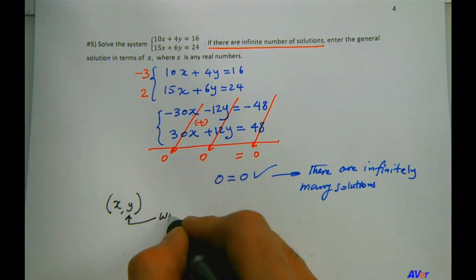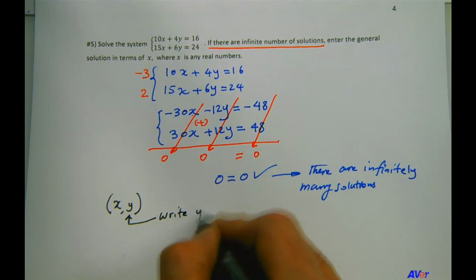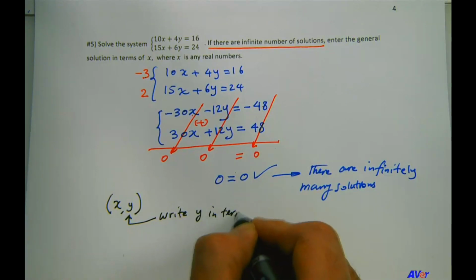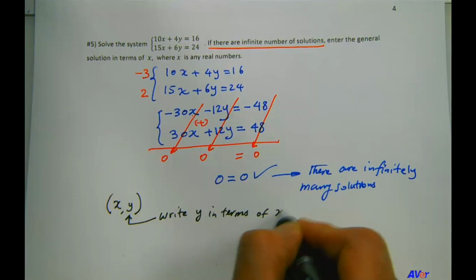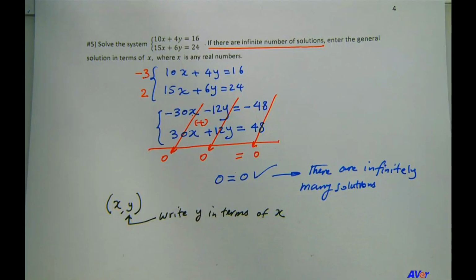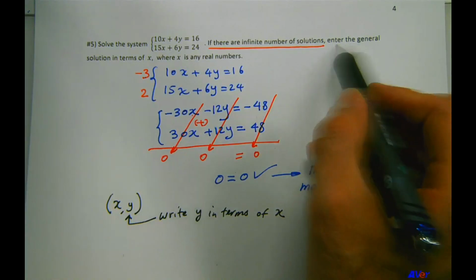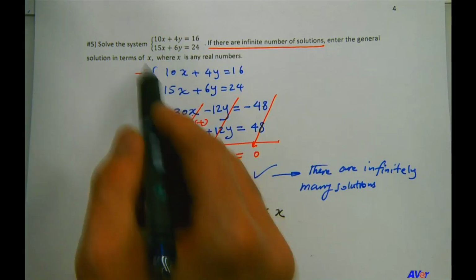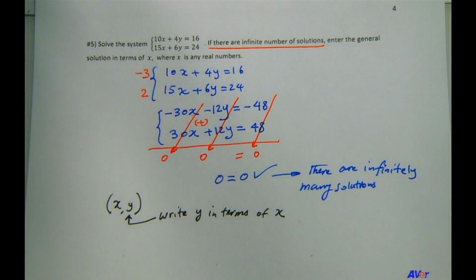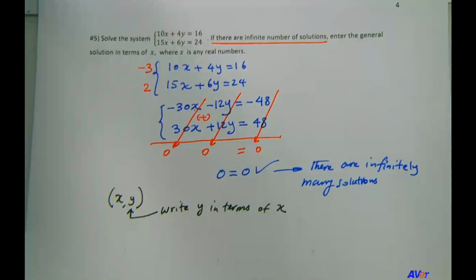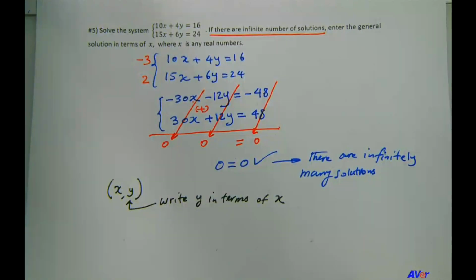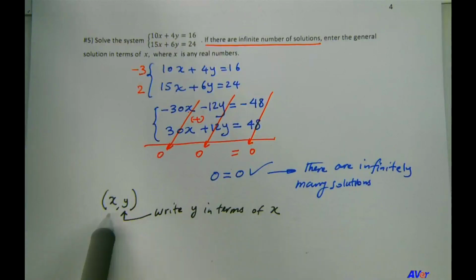But y, we need to write y in terms of x. That's what it means when it says enter the general solution in terms of x, where x is any real number. So x is x. Let's write y in terms of x.